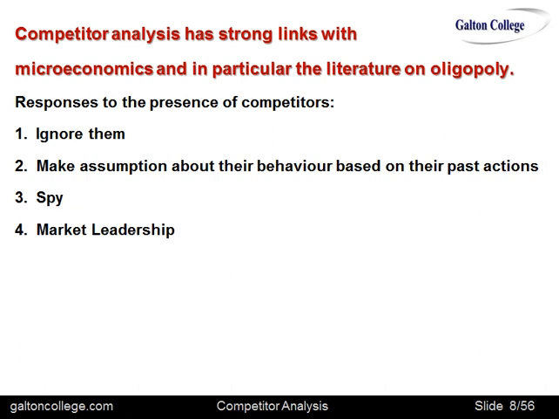Market leadership. Well, some companies become market leaders. They're the best ones at setting the price, or they have a good track record in dealing with customers, and they become market leaders. And there are different types of market leader. For example, there's low cost. These are the most efficient producers.